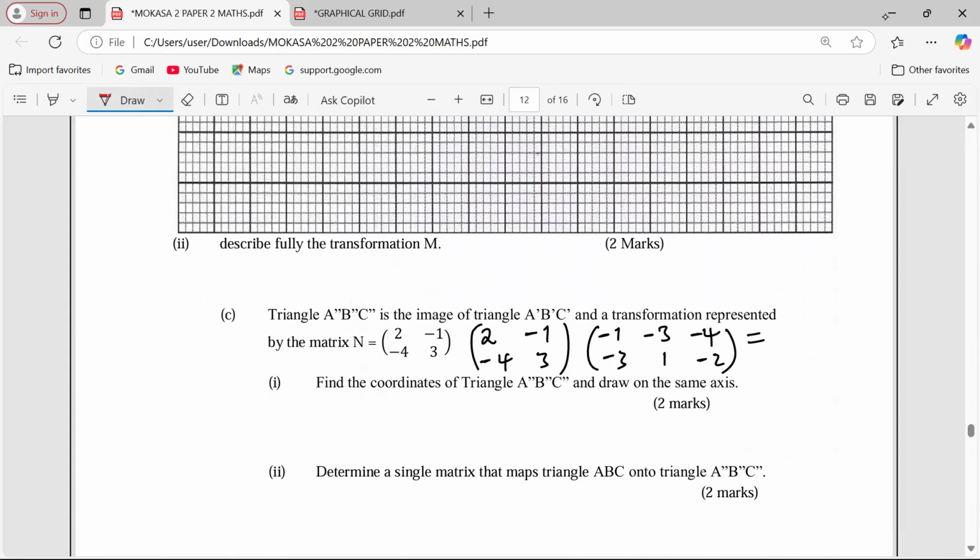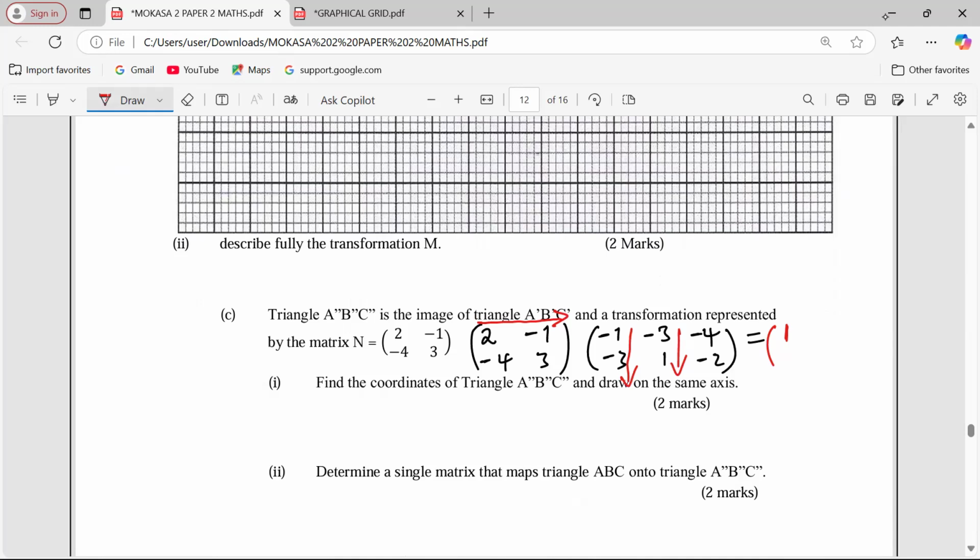Again, in this multiplication, it will be row, column. This row times this column. Therefore, 2 into -1, -1 into -3, so we are getting +1. Then in the next column, the same row, 2 goes with -3, and -1 goes with 1.